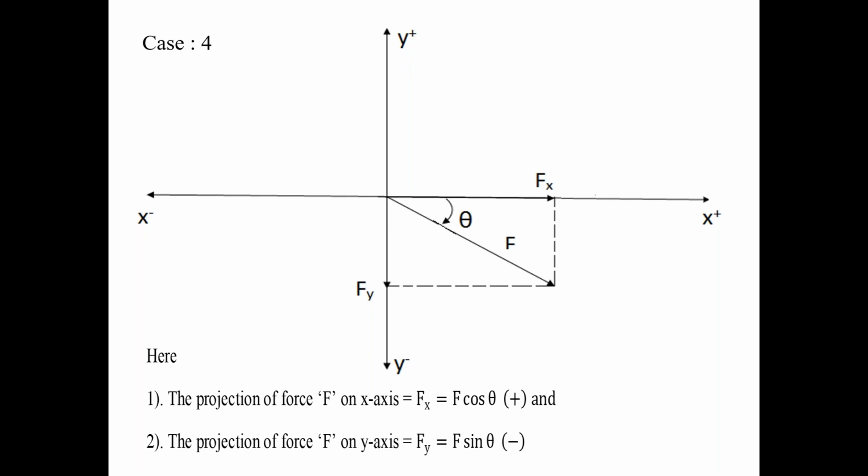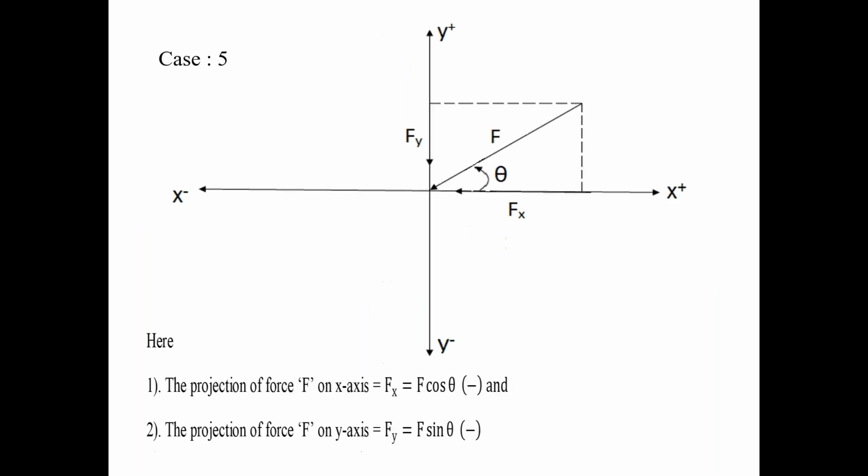Sometimes the projections are positive depending upon the directions. Sometimes they are negative. Now coming to the next condition, condition 5. Normally, the mistake most students make in the examination is that they just memorize this condition by heart as in the first quadrant. If the force F is in the first quadrant, Fx positive, Fy positive.